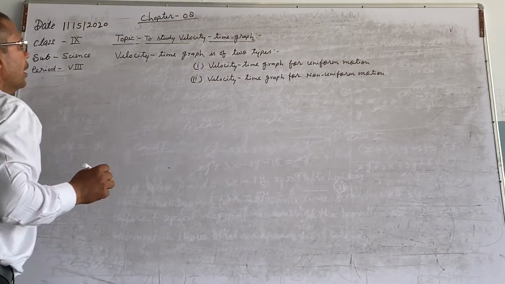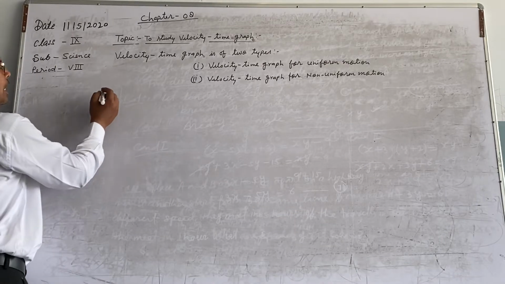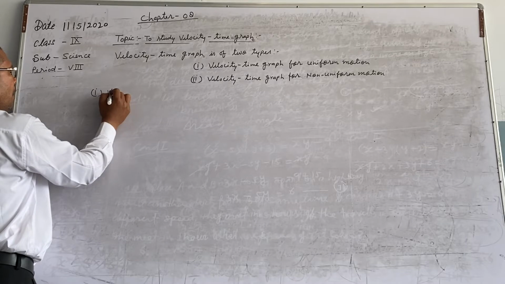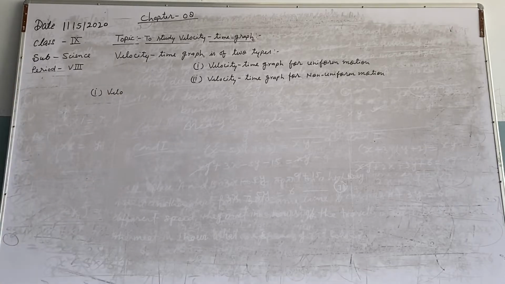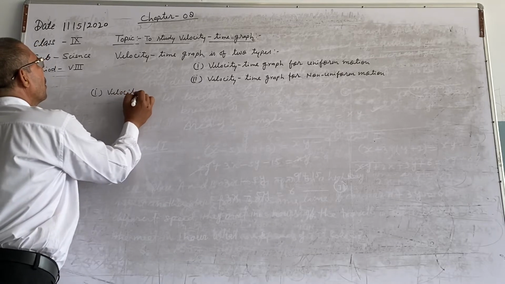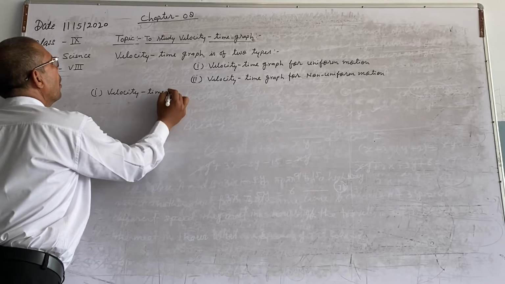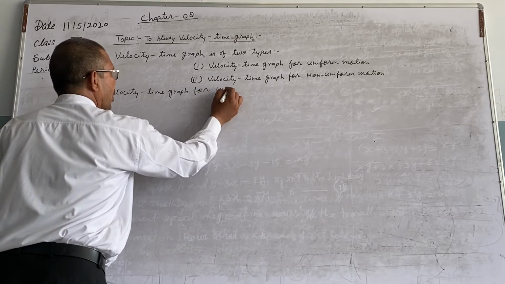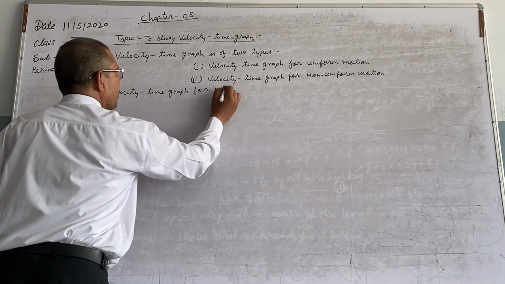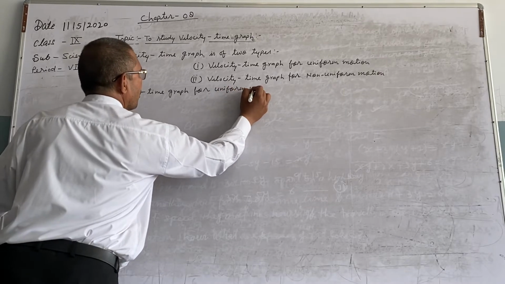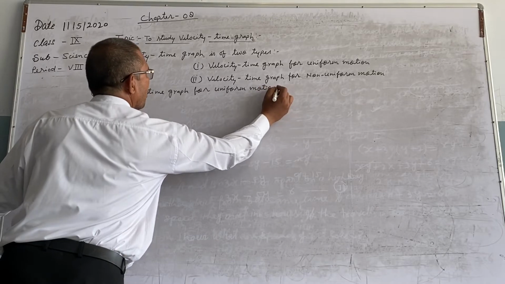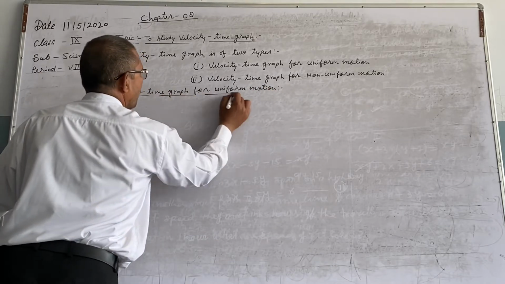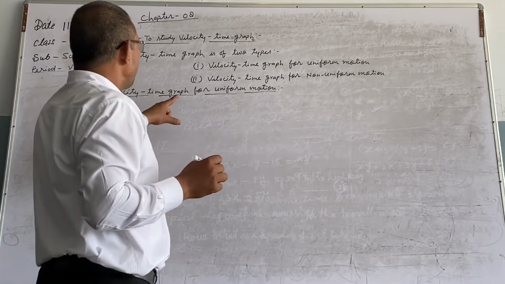Take first case, the velocity time graph for uniform motion.